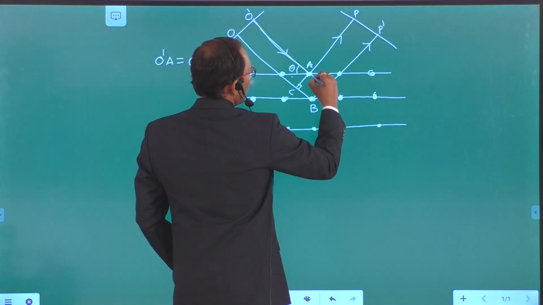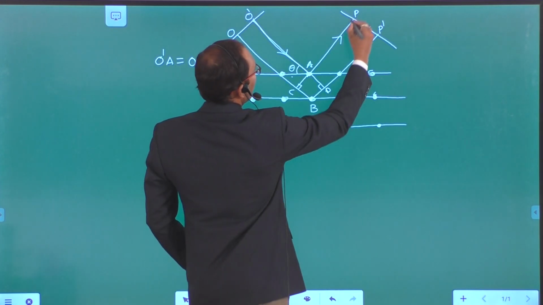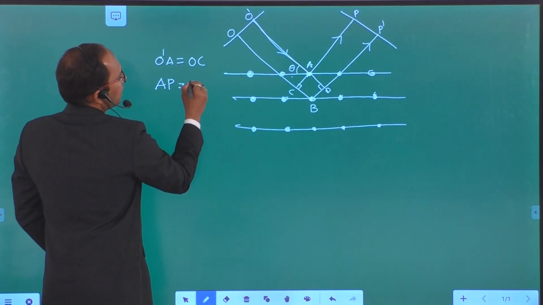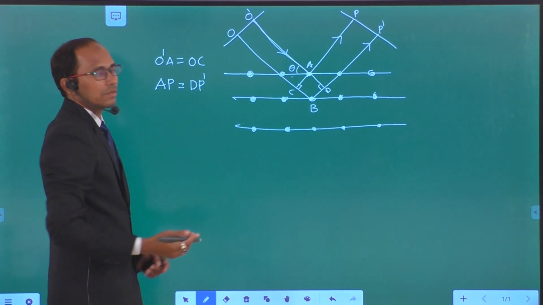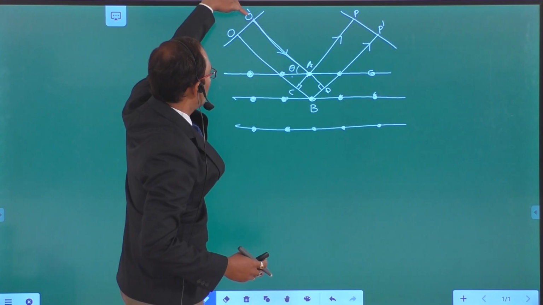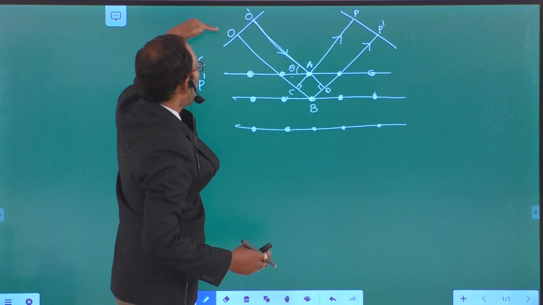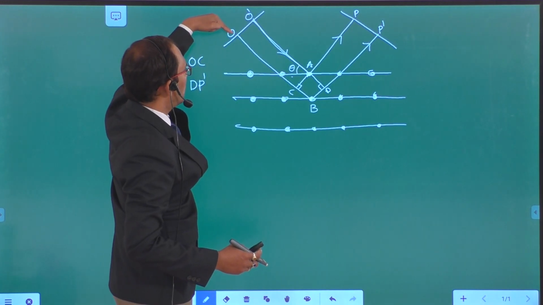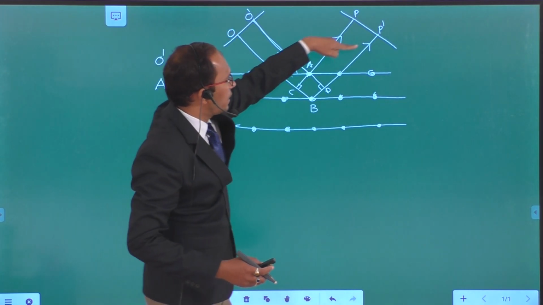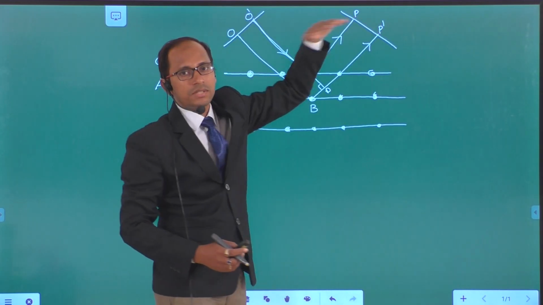Similarly, if I draw a normal here and say it is D, then the length AP is equivalent to the length DP dash. This is equal, obviously. That means ray 1 travels from O dash, is incident on A, is reflected, and reaches point P. And if I imagine the second ray from O, it is incident on B and reaches point P dash. So both reach these points P and P dash at the same time.